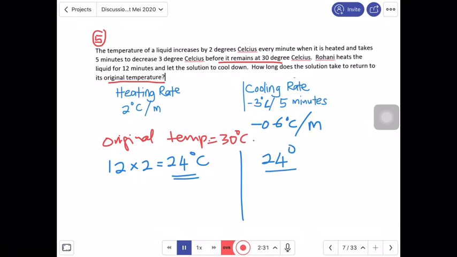We want to see how many minutes, so 24 degrees you divide negative 0.6, therefore you get negative 40. But this is the time taken, negative. But since there is no negative time, we just ignore the negative sign. So the answer is 40 minutes.